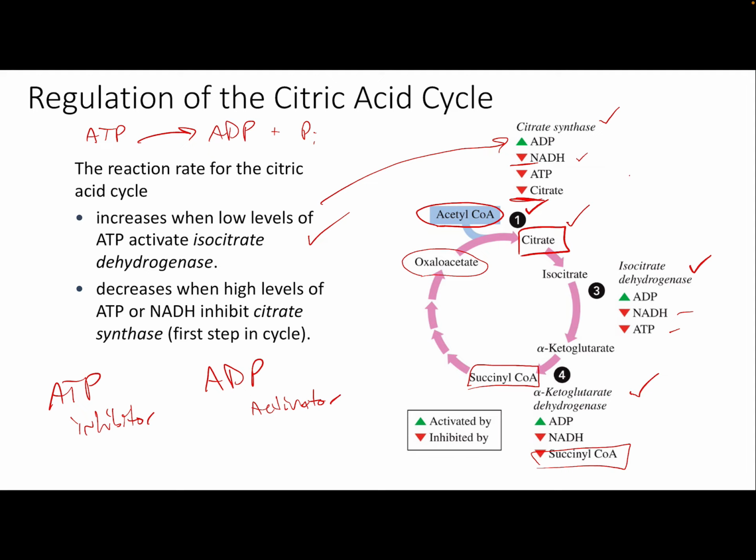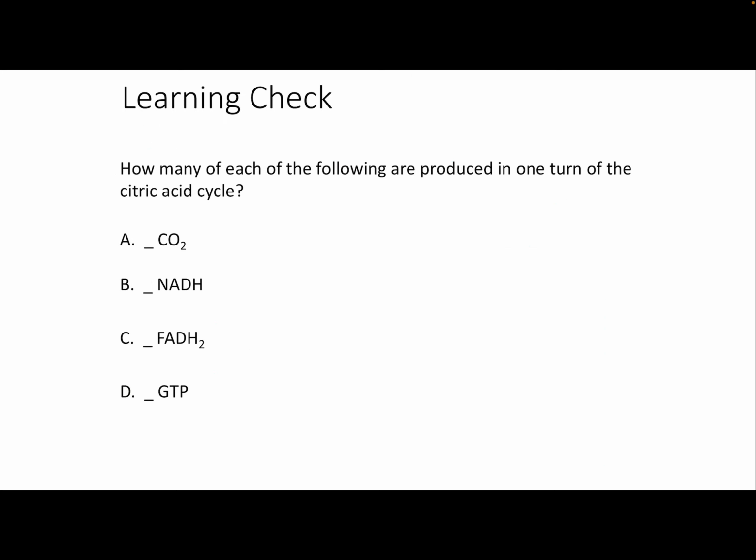What's not mentioned here is that NAD plus might be an activator, right? Because if there's a lot of this around, you would want that to turn the process on. So that's regulation. Go ahead and see if you can fill in the answers here. The question is, how many of these are each produced during one turn of the citric acid cycle?